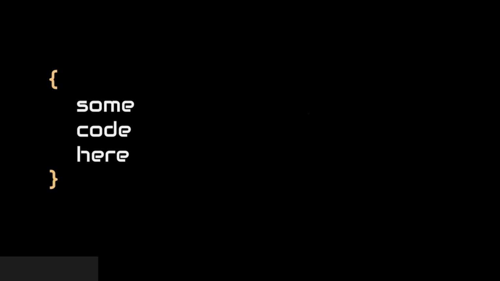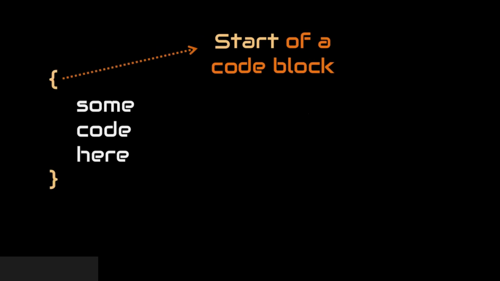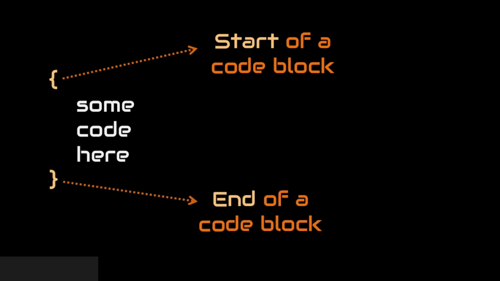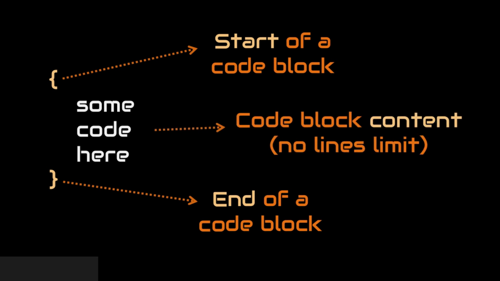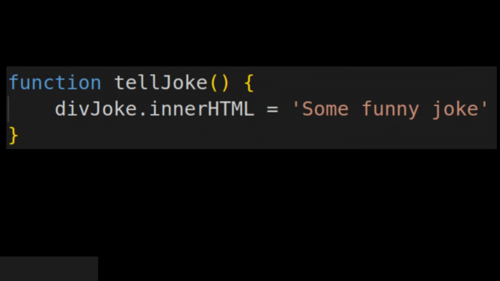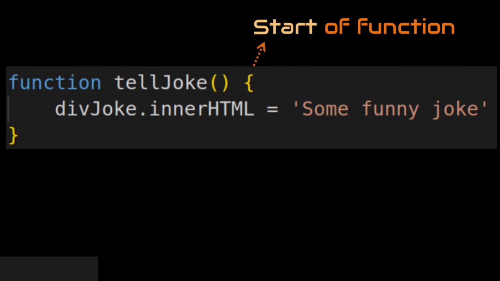The opening curly brace is the start of the code block and the closing curly brace is the end of the code block. The code block content may contain as many lines as you need. So, in a JavaScript function, the opening curly brace is the start of the function, and the closing curly brace is the end of the function.